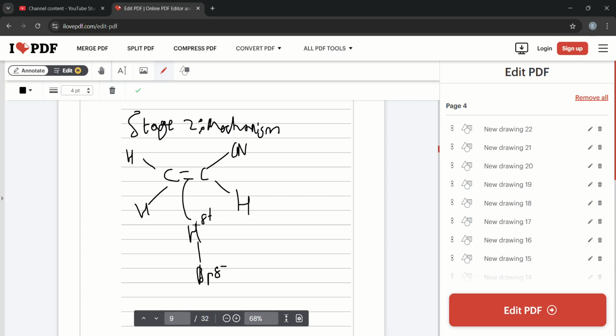From the double bond to the hydrogen, and then from the middle of the H to the Br. And what you form is this.